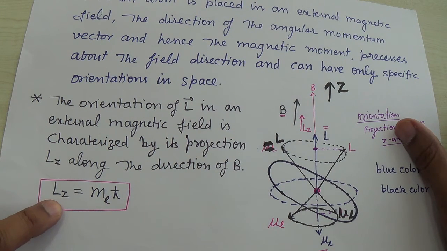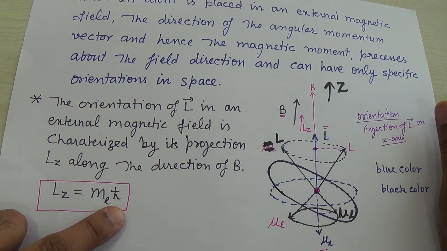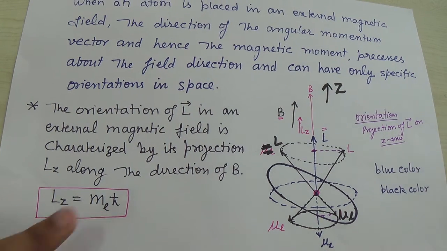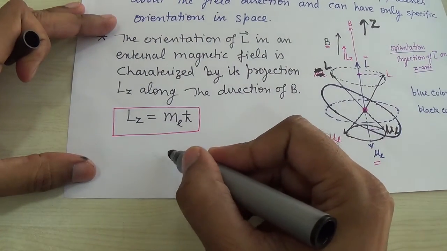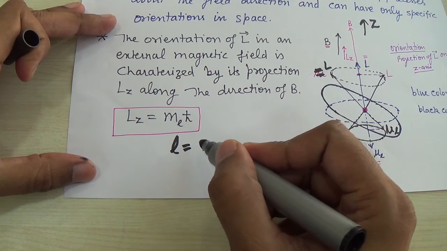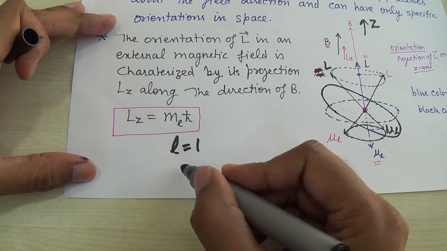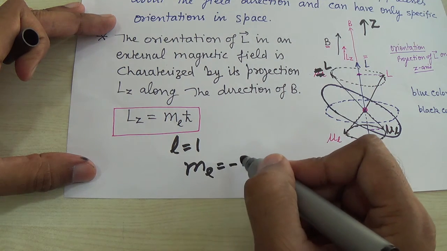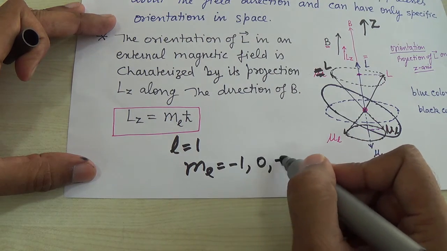So Lz is equal to ml ħ, and as I told you, ml can have specific values for a given orbital quantum number. For L equal to 1, ml is equal to -1, 0, plus 1.